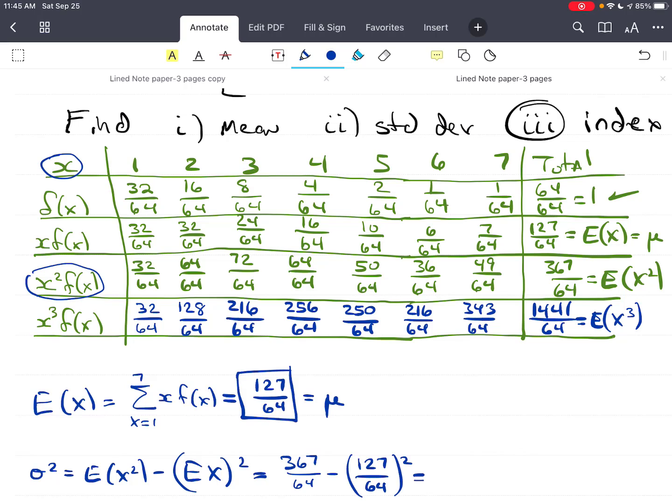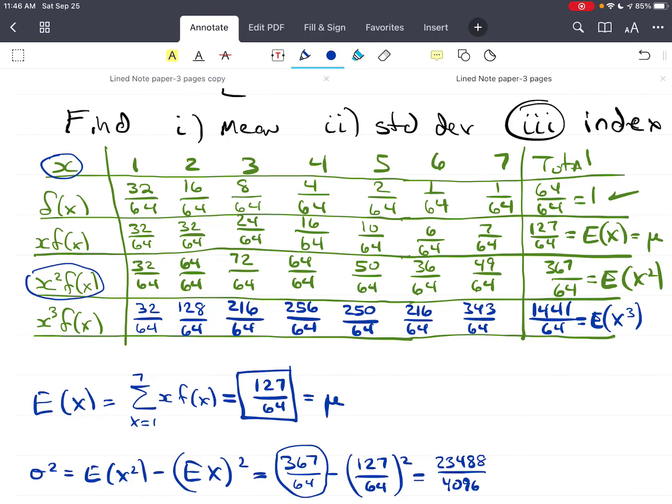And so what I'm going to do is multiply this by 1, 64 over 64. And when I do that, I get 23,488 over 4096.